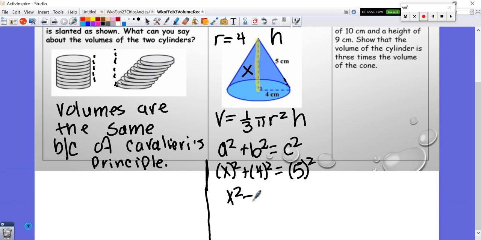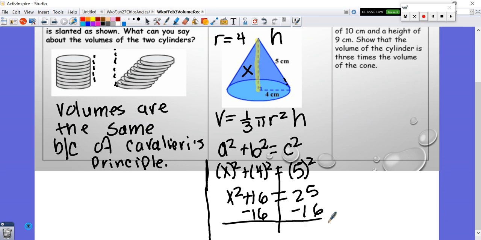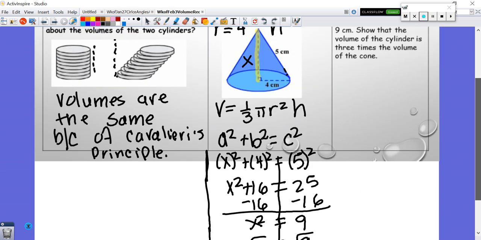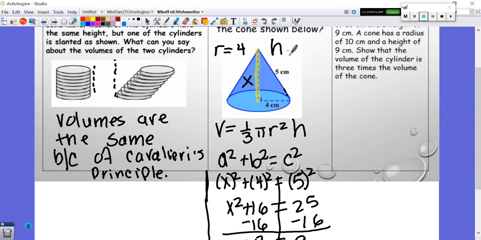So x squared plus 16 equals 25, minus 16 minus 16, x squared equals 9. X equals 3. All right, so we have the height of this triangle, which is 3.